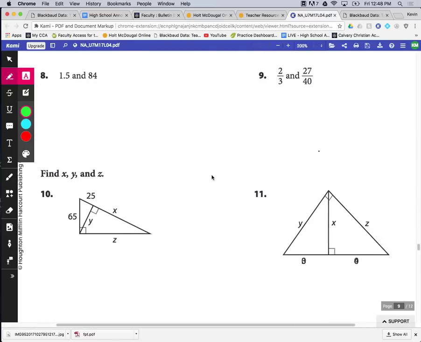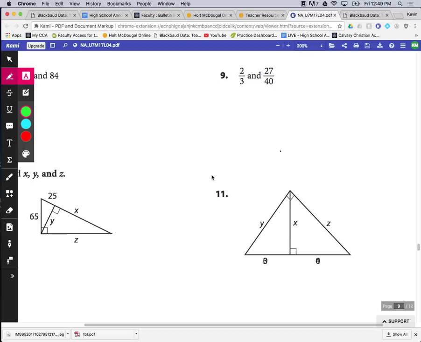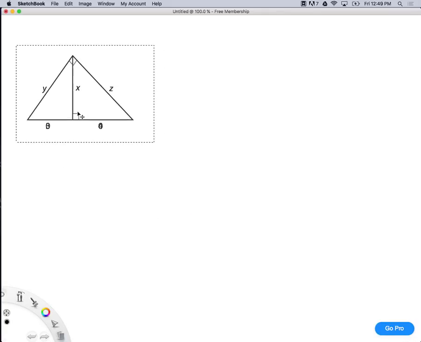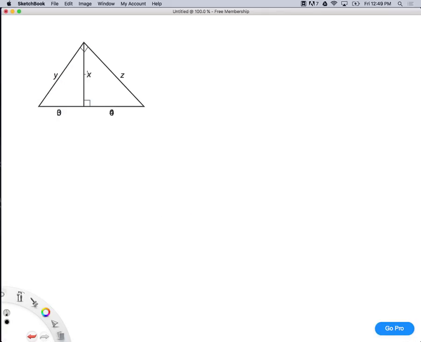Okay, what's the harder part? The harder part is like this stuff. I'll do number 11 first. Okay, so number 11, the numbers are messed up on the screen for whatever reason, but this should be 30 and this is 40. Okay, how do I find x? Very good.